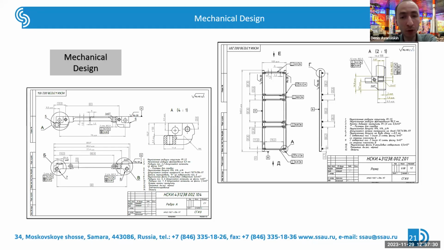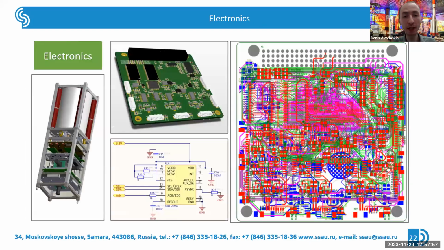So first of all, we teach students the mechanical design. Basically, we tell students how to make a structure of a satellite, how to install inside of this structure all the onboard subsystems, how to make it in a more optimal way. The next is electronics.